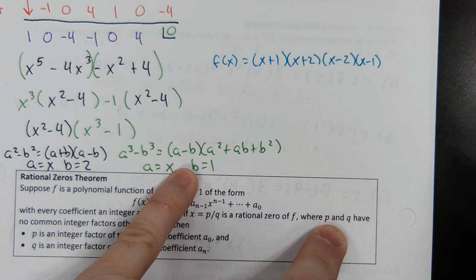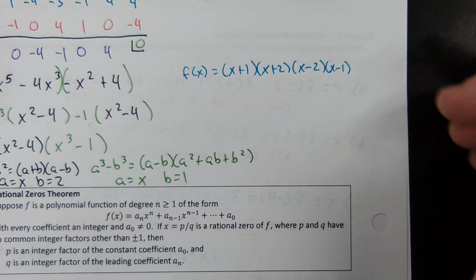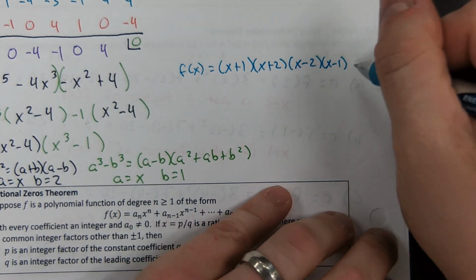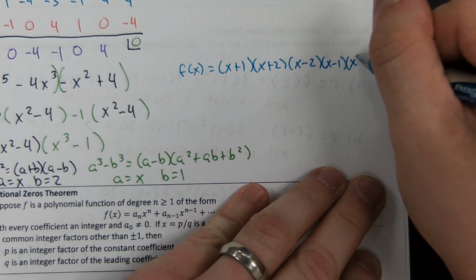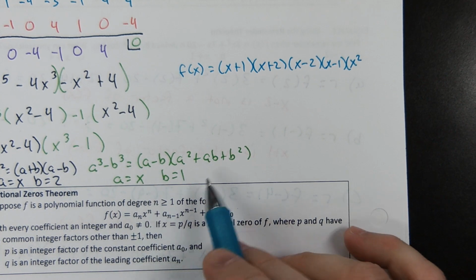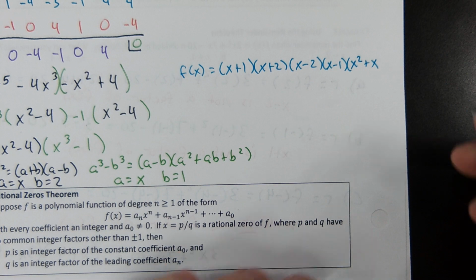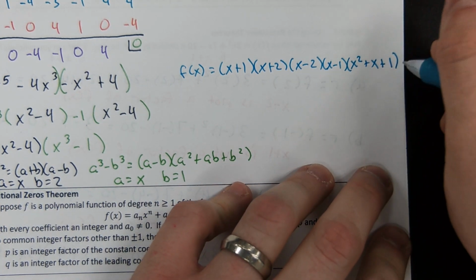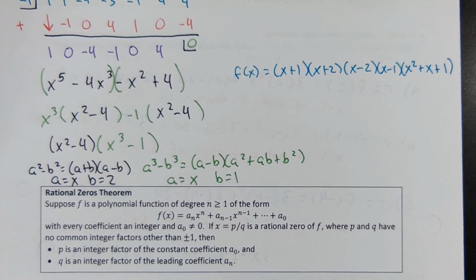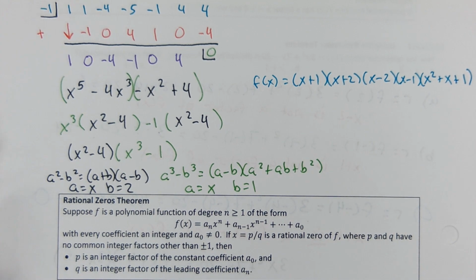I should have written this just a little bit to the left. A squared plus x times 1 plus 1 squared. And there it is.